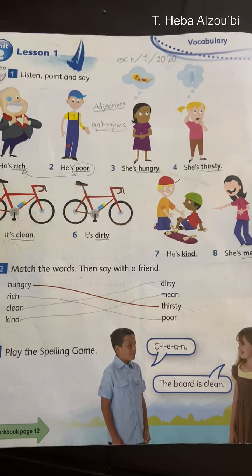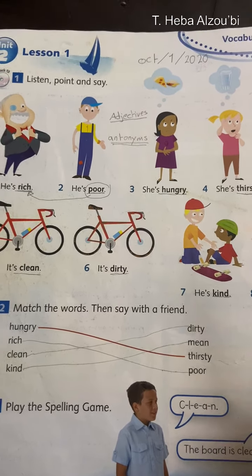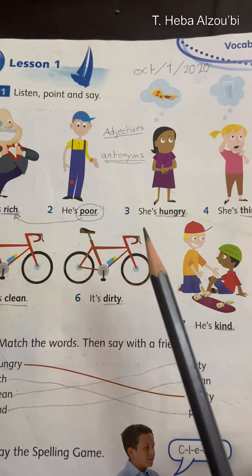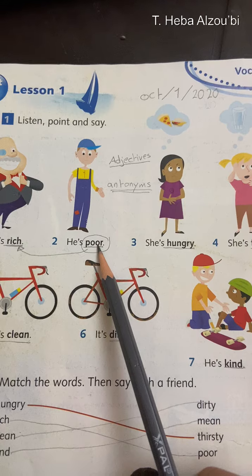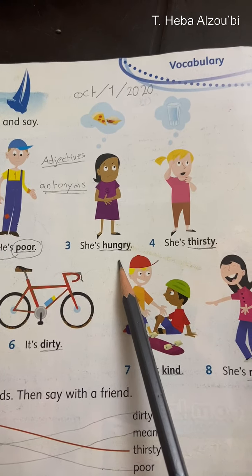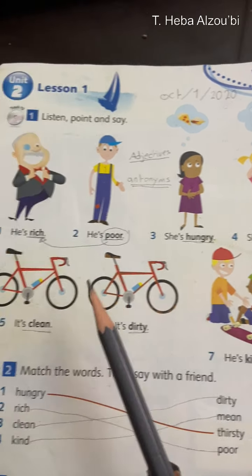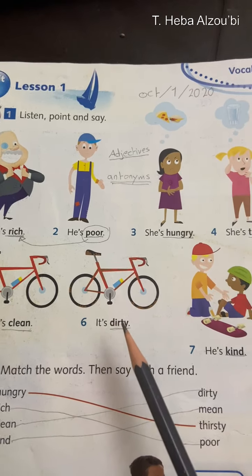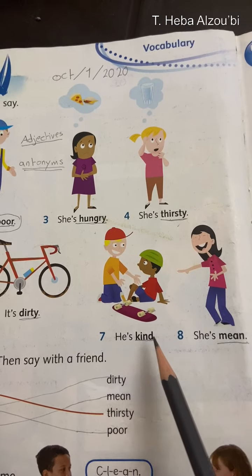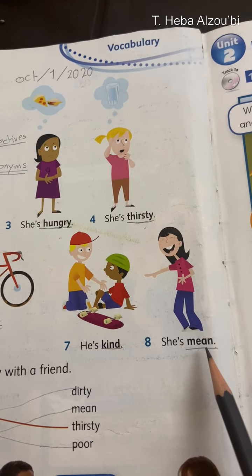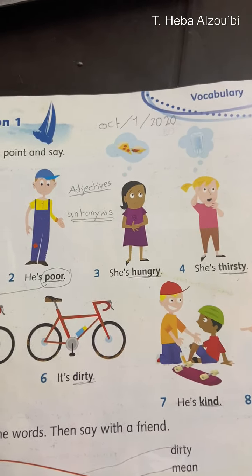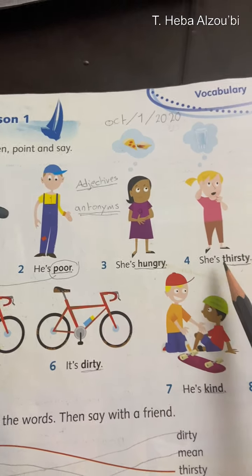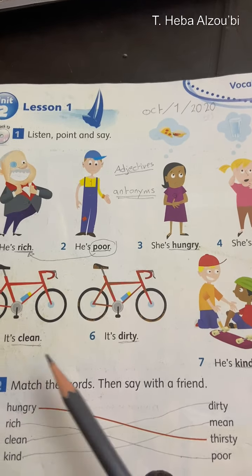Unit 2. In this unit, we have learned about adjectives such as rich, poor, hungry, thirsty, clean, dirty, kind, mean. These adjectives, the bold words, are not just any adjectives.